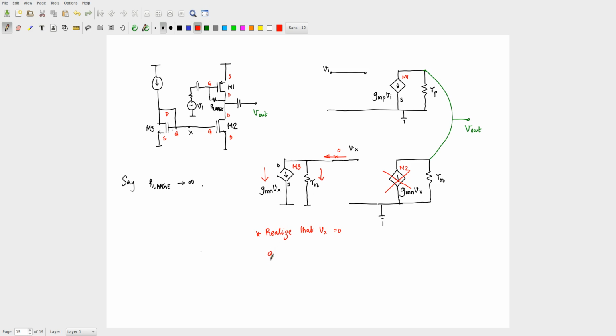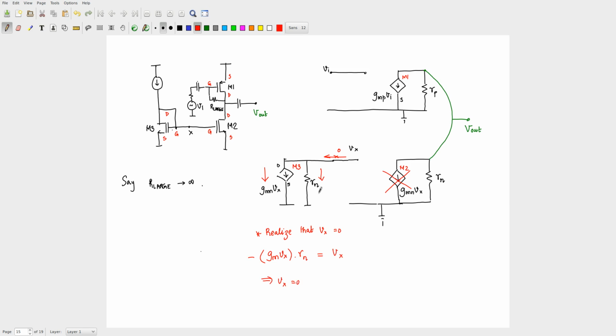So you can say that GMVx times Rn must be equal to what? I am going this way, so minus GMVx Rn is equal to Vx. How is this possible? Only if Vx equal to 0.